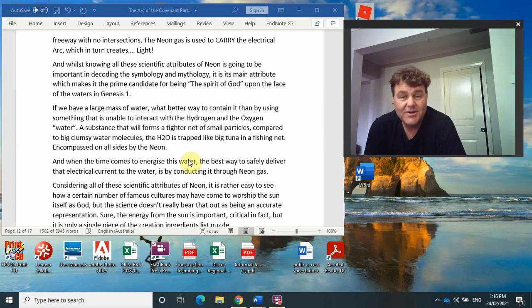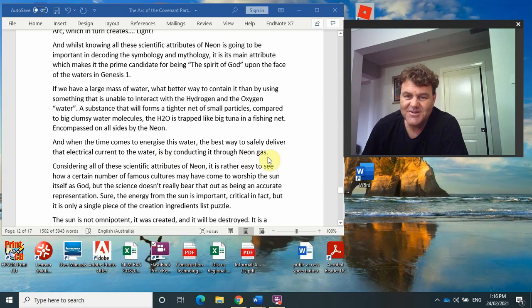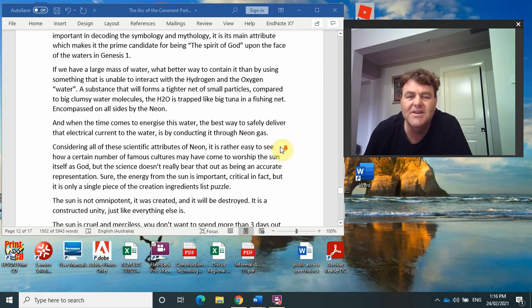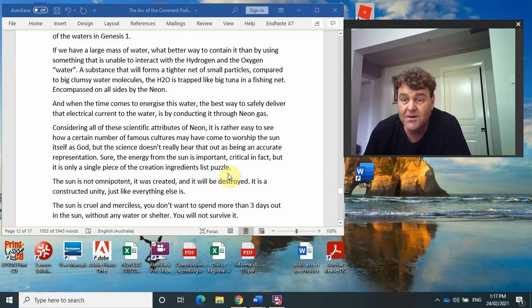So considering all of these scientific attributes of neon, it's rather easy to see how a certain number of famous cultures may have come to worship the sun itself as God, but the science doesn't really bear that out as being an accurate representation of God.